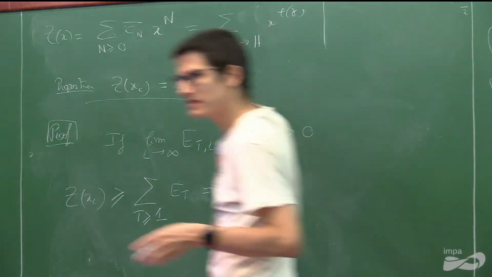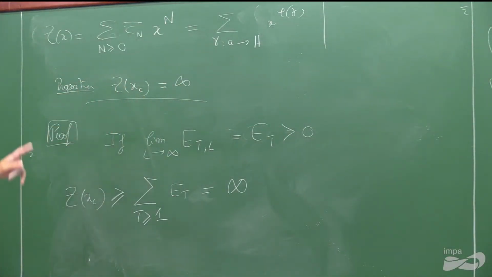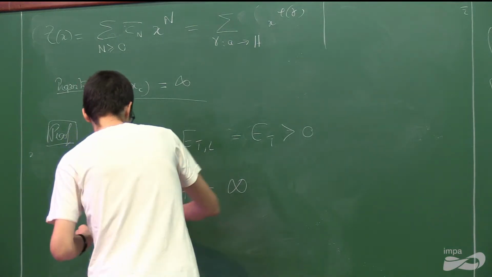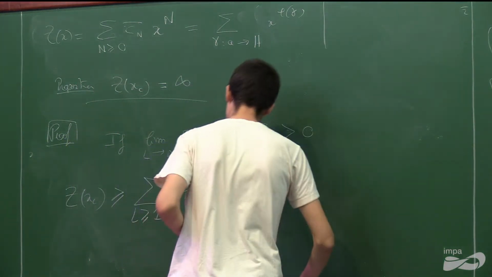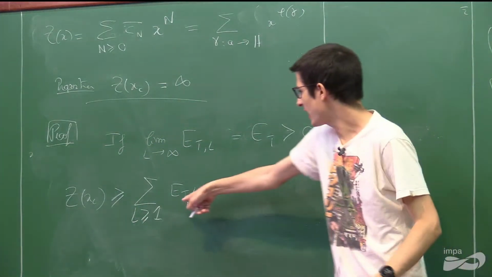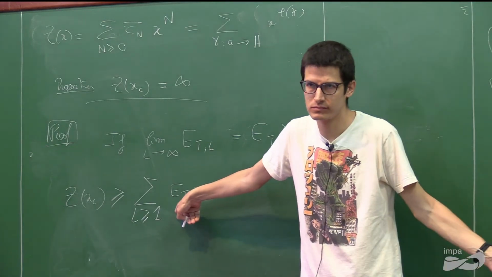Okay, because here I'm just counting disjoint paths.